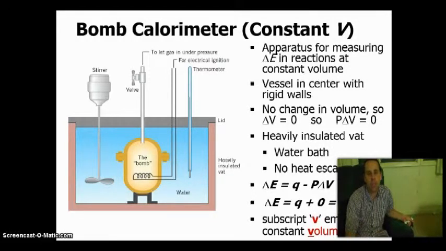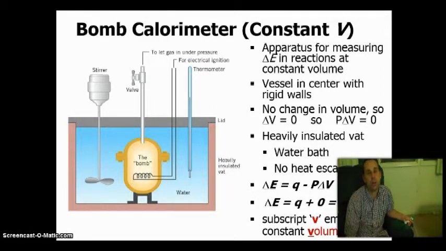Sorry, the volume does not change. And so in the bomb, they call it the bomb, we put inside a little bit of chemical reactant. We have some way to light it electrically and make the reaction occur, and then after the process occurs, all the energy that's released has to be converted to heat because the volume can't change.